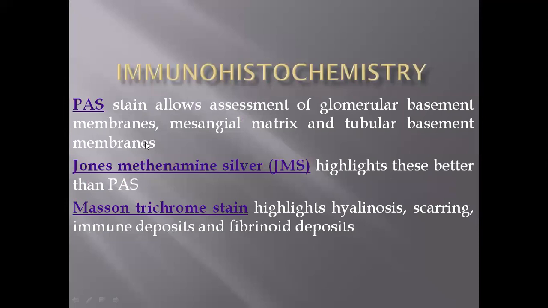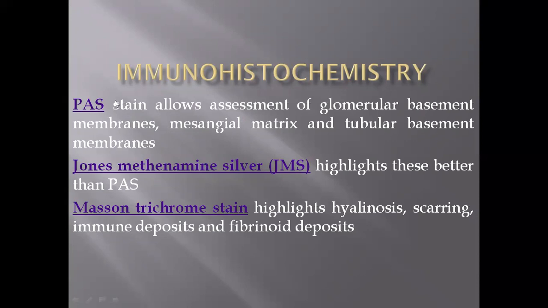The common stains are the PAS and the Jones silver stain, or GMS stain. These two stains help us make a judgment on how much the glomerular basement membrane is thickened.